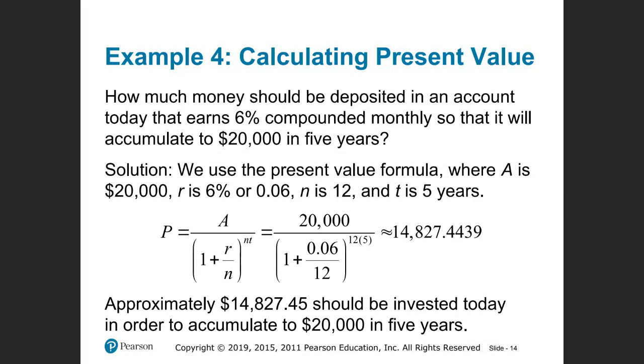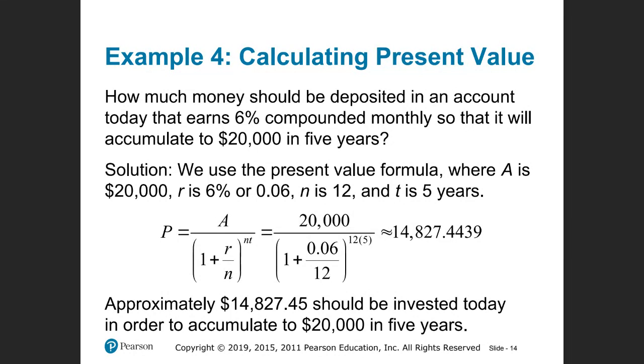So when we solve this, we already know that we've got 20,000 for the numerator. We're going to work on the bottom part this time, but you still do inside the parentheses first: divide the rate by n, add the 1, then take that to the n times t, which 12 times 5 would be 60.